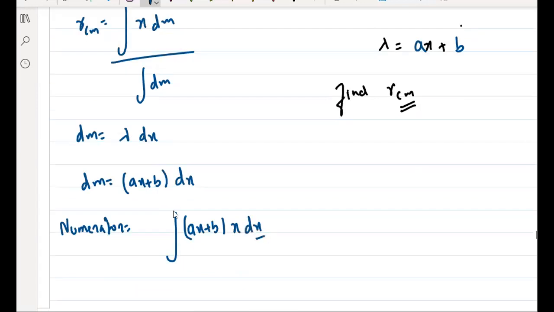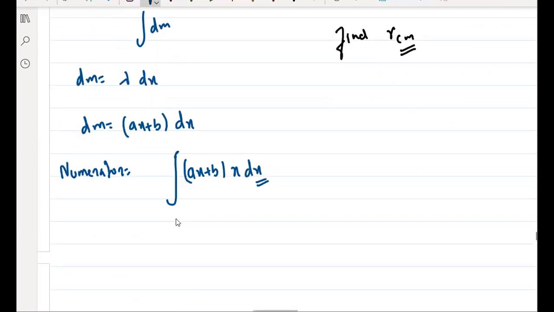This is your numerator, right? Some people might write ax plus b dx and cut the ax plus b below. That is not correct, you should never do that. So find the numerator. I guess this is clear.